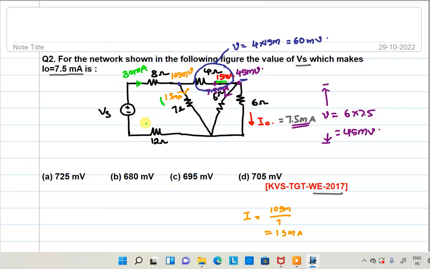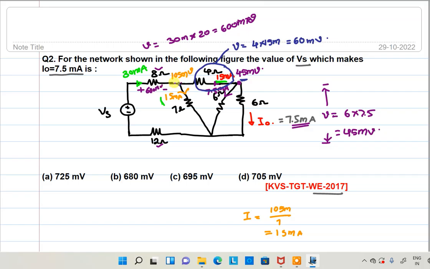So once you got this 30 milliamperes, definitely you can find out this voltage, right? V is equal to 30 milliamperes into, what about the resistance? This total combination resistance is 8 plus 12, that is equal to 20, that is equal to 600 millivolt.